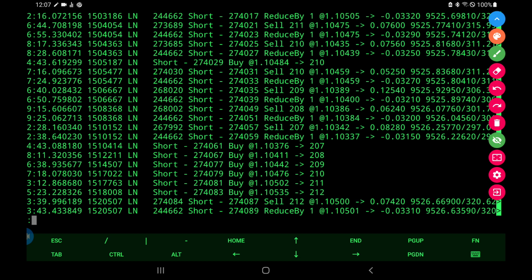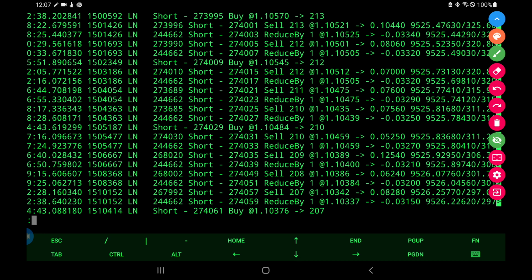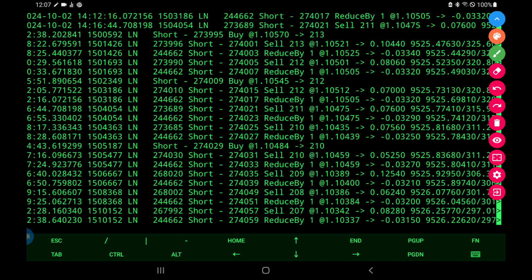And as we can see, when I scroll back in the history, there are several times where you see the large amounts. Sell, reduce, sell, reduce, sell, reduce. This is a constant within this technique, to always be able to sell and reduce simultaneously.